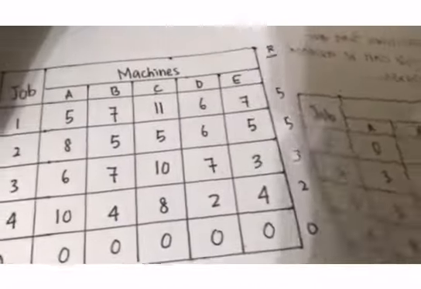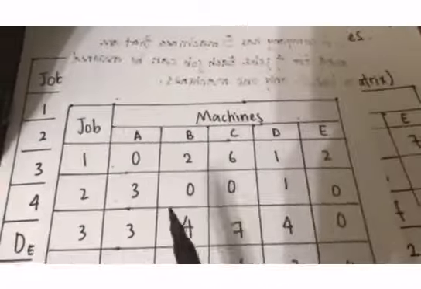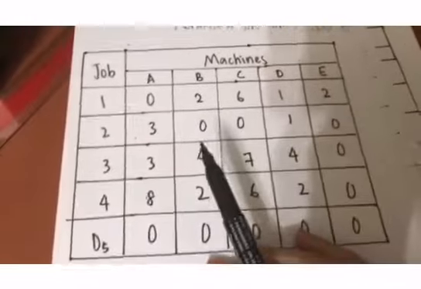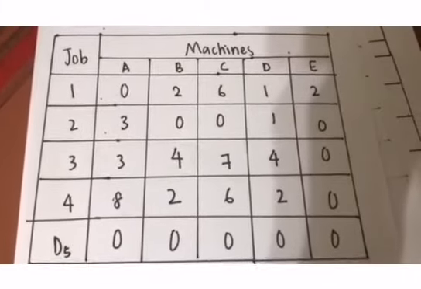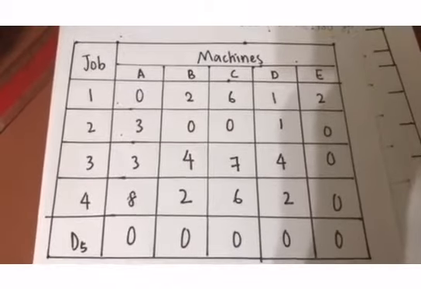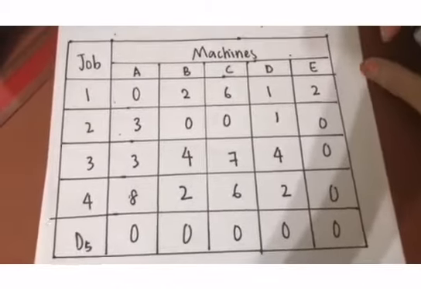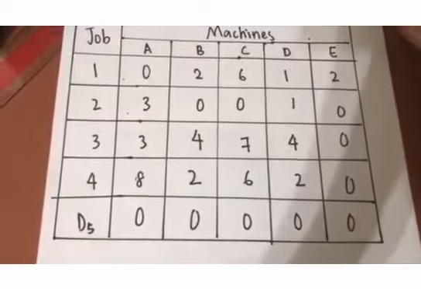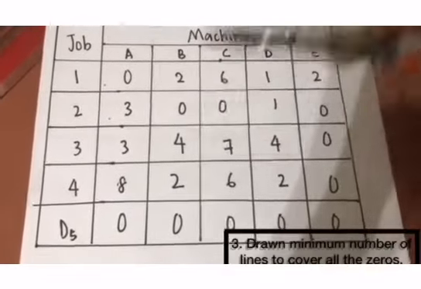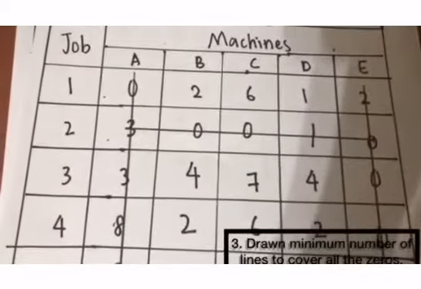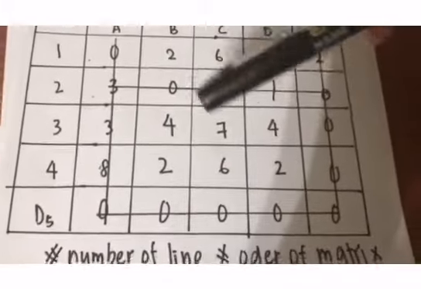This is the new table after I subtract the minimum number. Then we need to draw the minimum number of lines to cover all the zeros. I have covered all the zeros.